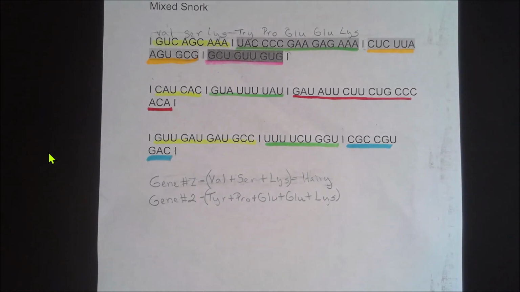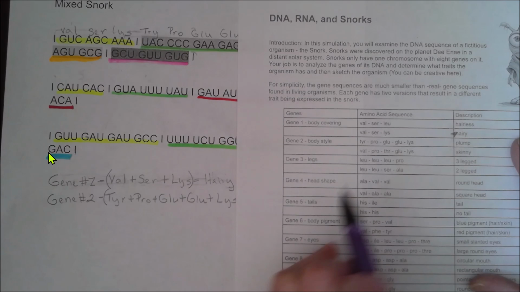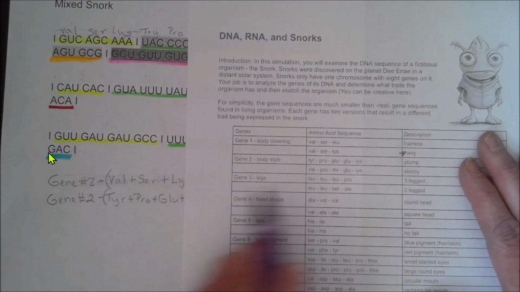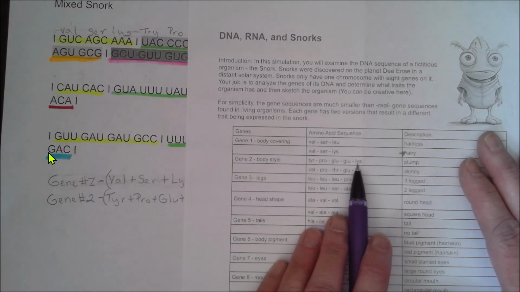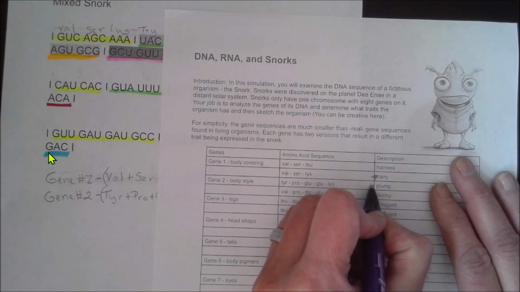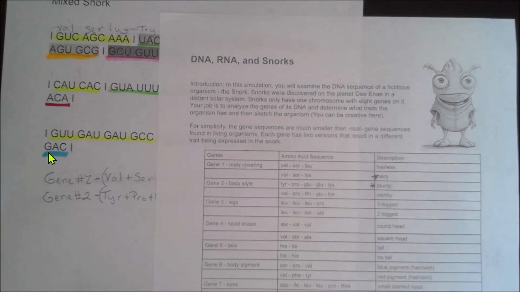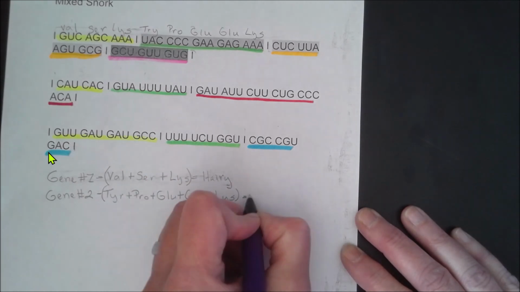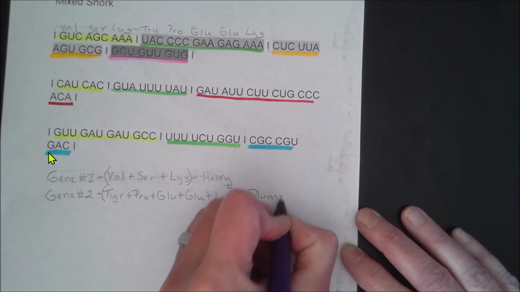And what amino acid sequence does that code for? We would look at it. We have TYR, PRO, GLU, LYS. Okay, so my organism is going to be plump. So now I know I have a hairy, plump organism.